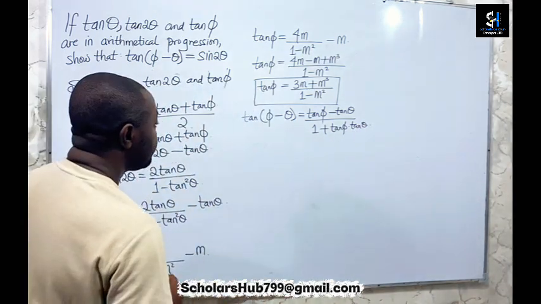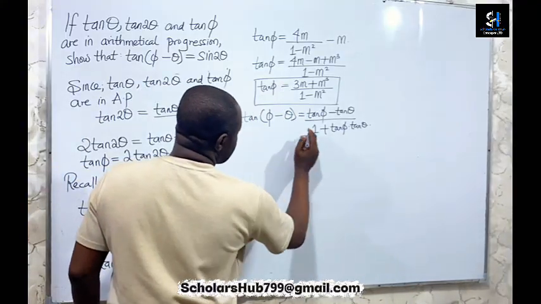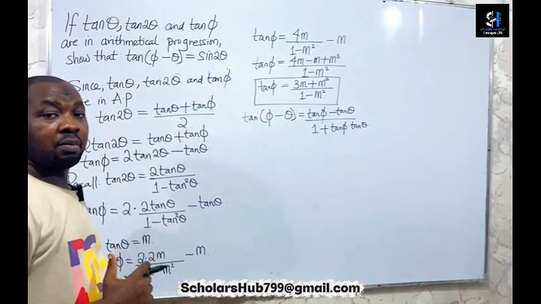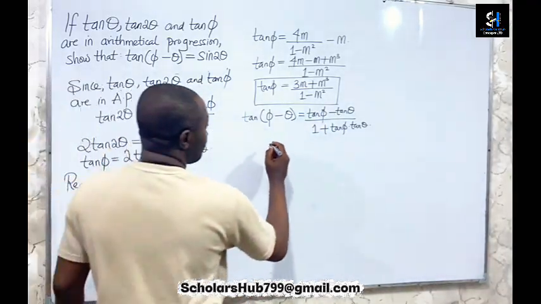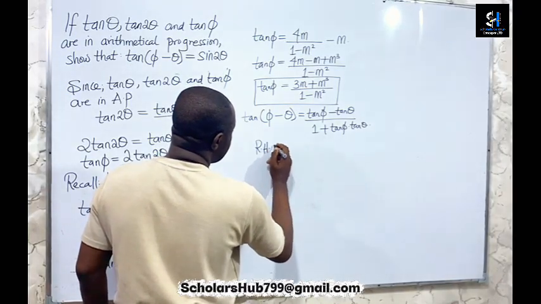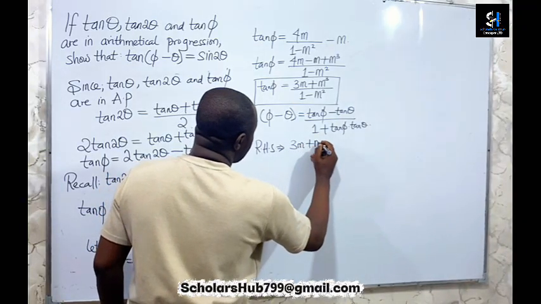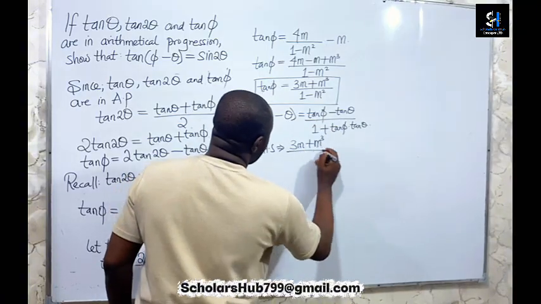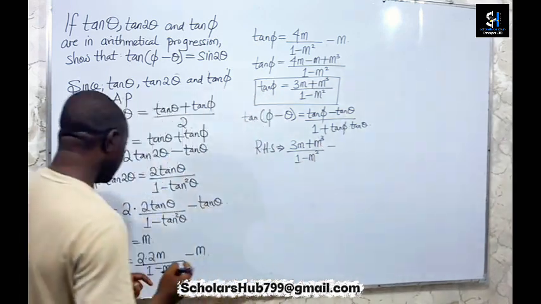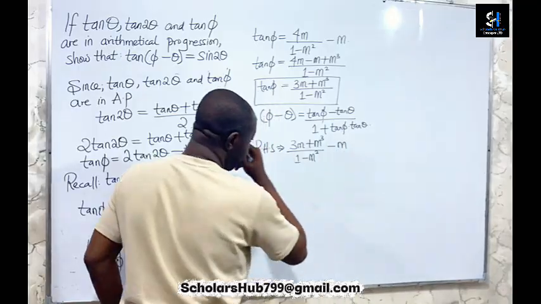Now, for tan phi, we know that tan phi is 3m plus m cubed over 1 minus m squared. Let me work with the right hand side. We have 3m plus m cubed over 1 minus m squared, then minus tan theta, which is m.